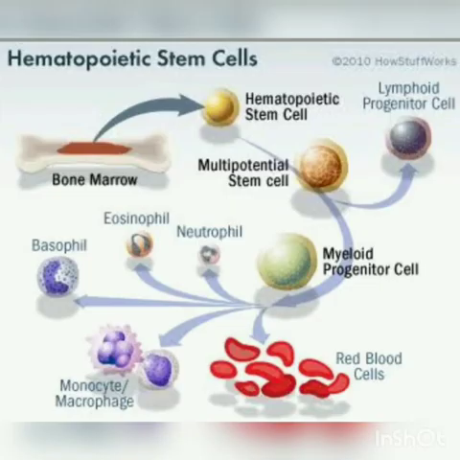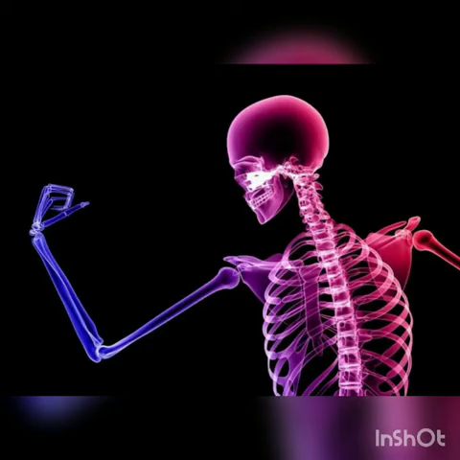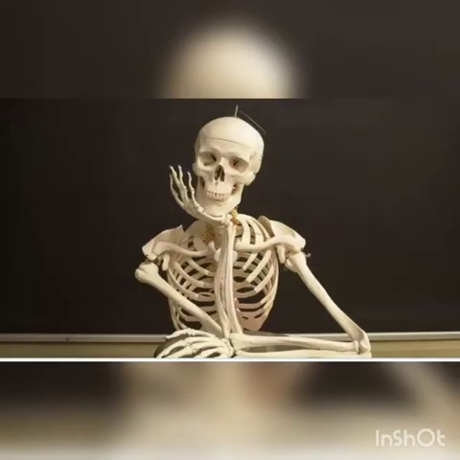The bone marrow in some bones is the site for the production of blood cells. So in bone marrow, blood cells, RBC, WBC, and platelets are produced. Okay, so once again I repeat, bones are hard and pliable, rich in calcium, and give structural framework to the body.